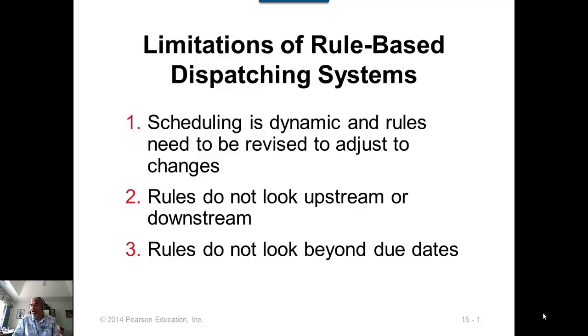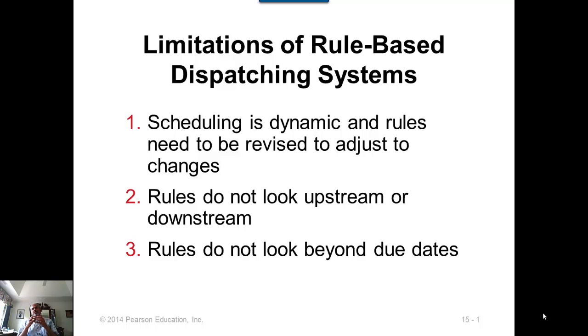The scheduling often is very dynamic because new jobs are coming in all the time. Machines sometimes break down, and there are changes in shifts and changes in labor availability. So scheduling is a very dynamic environment, and the rules need to be revised to adjust to these changes as and when problems arise.